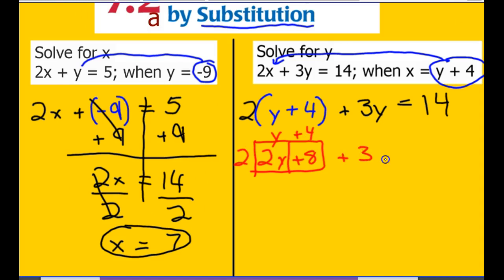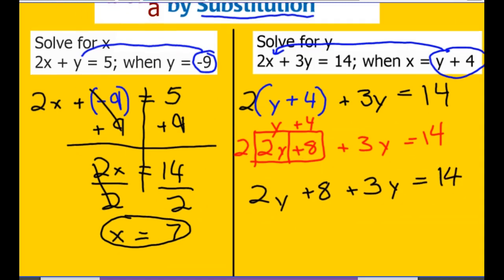Plus 3y equals 14. So then our equation comes out to be 2y plus 8 plus 3y equals 14.